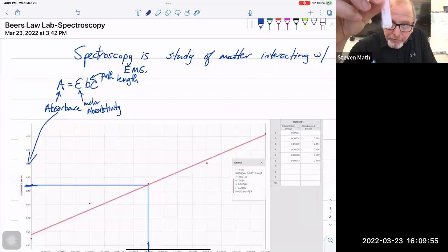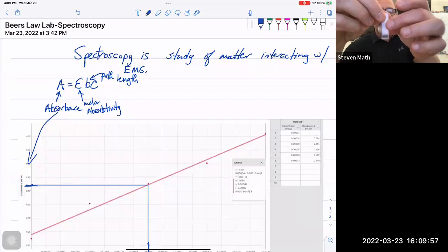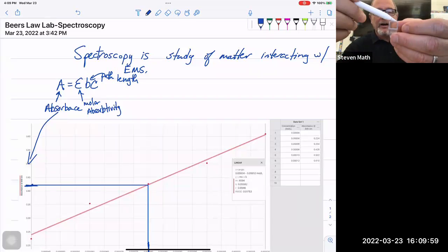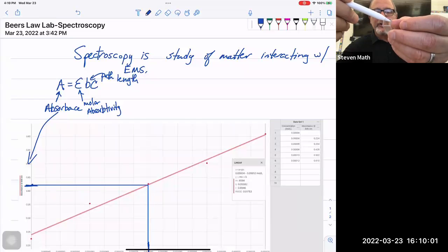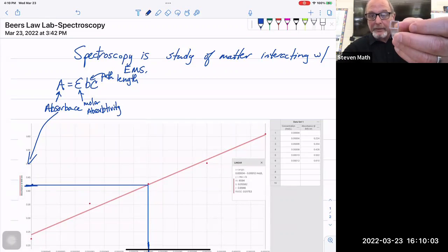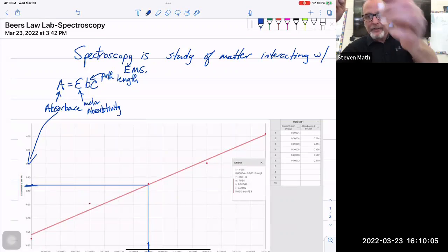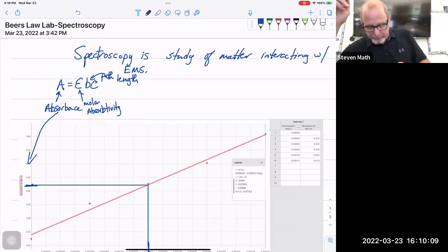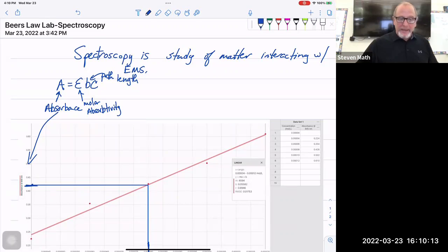This is called a cuvette, and the path length is how far across this is. It's usually 1 centimeter, a common sized cuvette. You buy them by the thousands. They're cheap, disposable, and easy to use. So that's B, and C is of course our last player, the concentration.